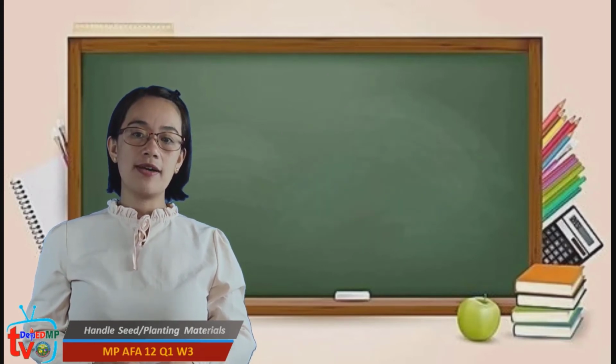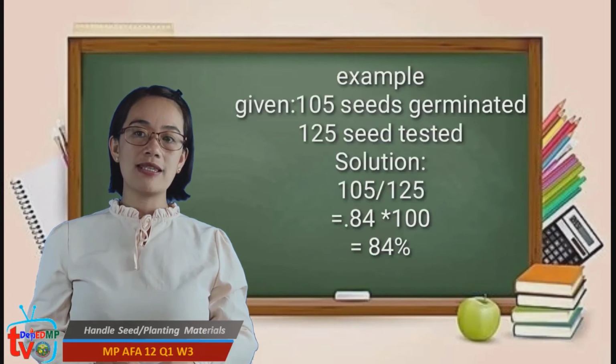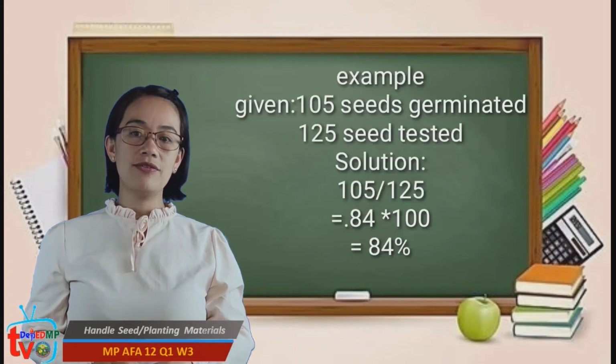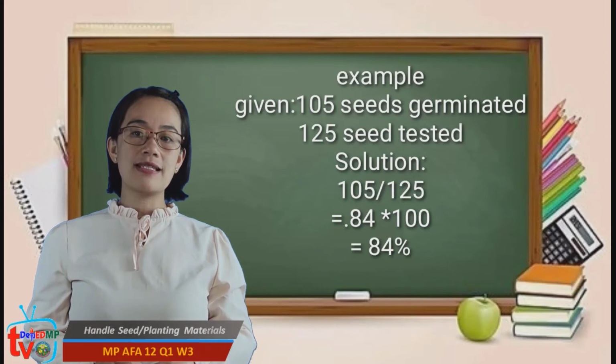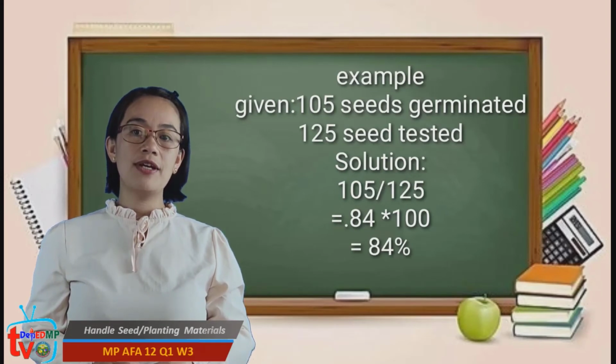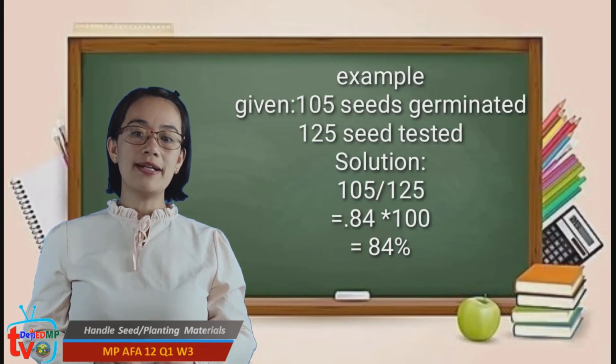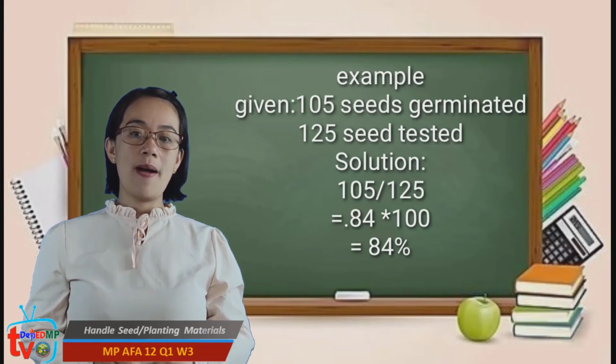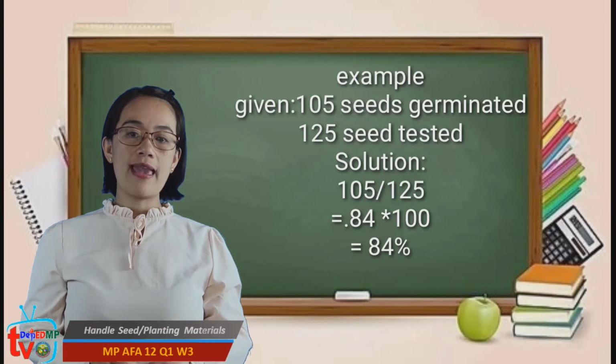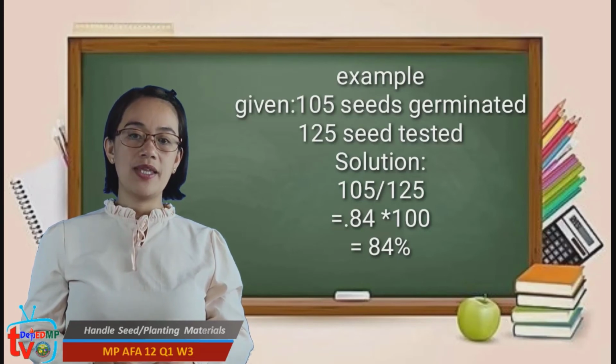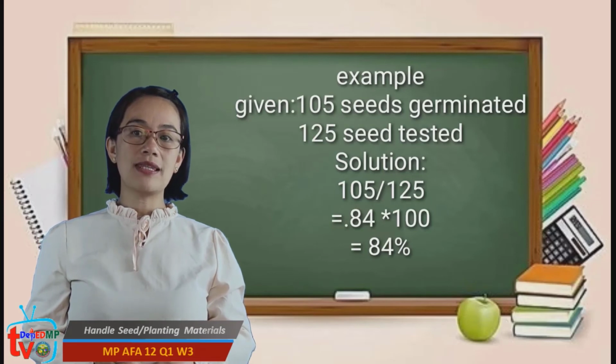An example here: number of seeds germinated is equal to 105 and number of seeds tested is equal to 125, times 100. So, 105 divided by 125 multiplied by 100 is equal to 0.84 or 84%. Thus, this means that the seeds did not meet the required percentage to become a quality seed.